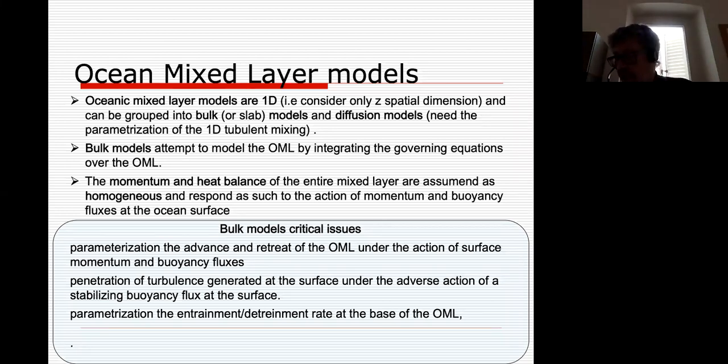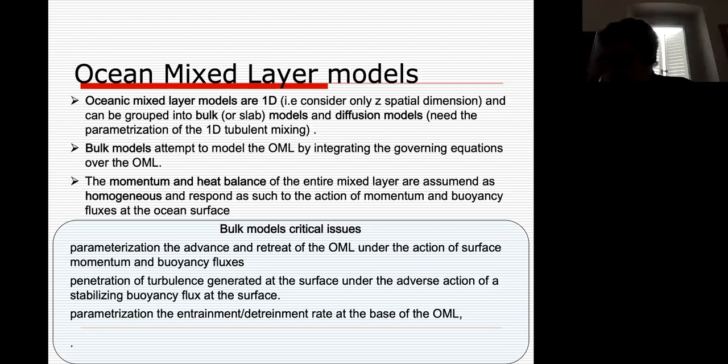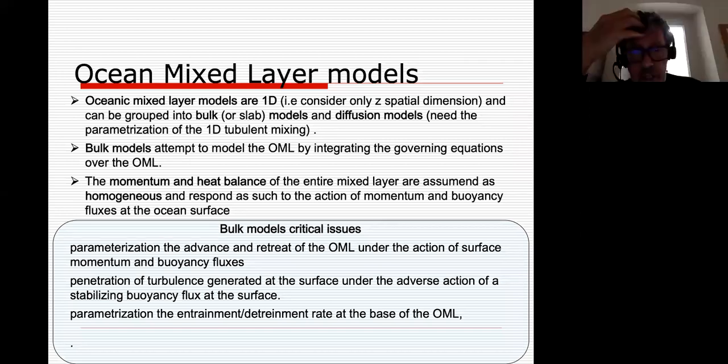One is the horizontal one, so the horizontal current is governed by the momentum equation, and you can simplify the vertical momentum equation by the hydrostatic approximation. So the vertical velocity, which is much smaller in intensity compared to the horizontal one, is not a prognostic variable, just calculated through the continuity equation.